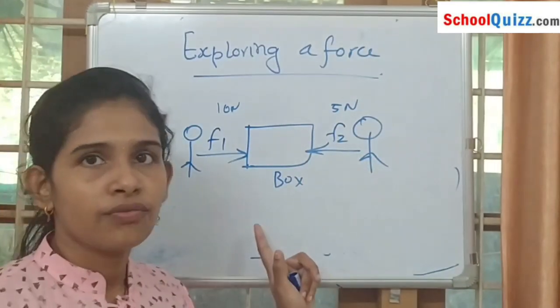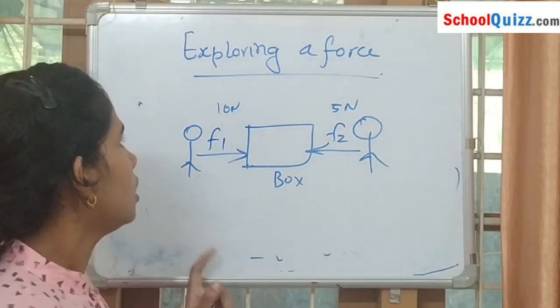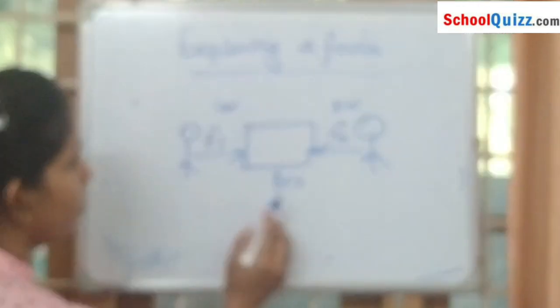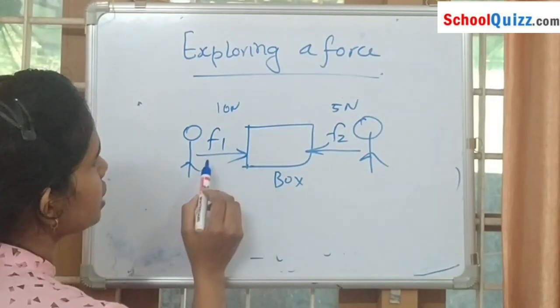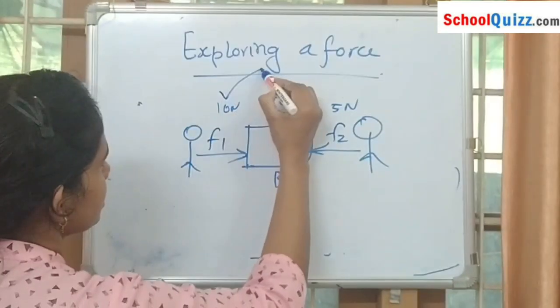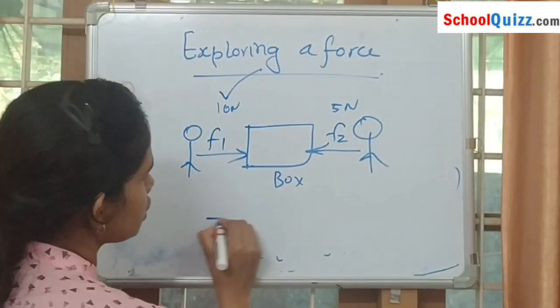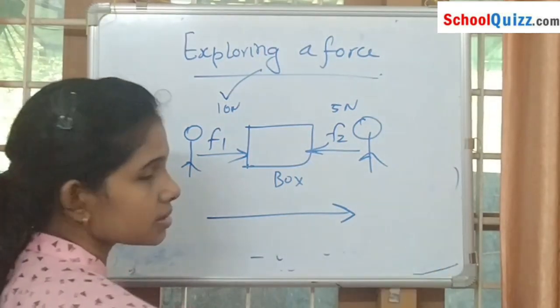In this case, what will be the direction of force? Here, direction of force will be the direction in which larger force is applied. Here, what is the larger force? That is 10 Newton. So, direction of force will be in this direction, that is towards right.